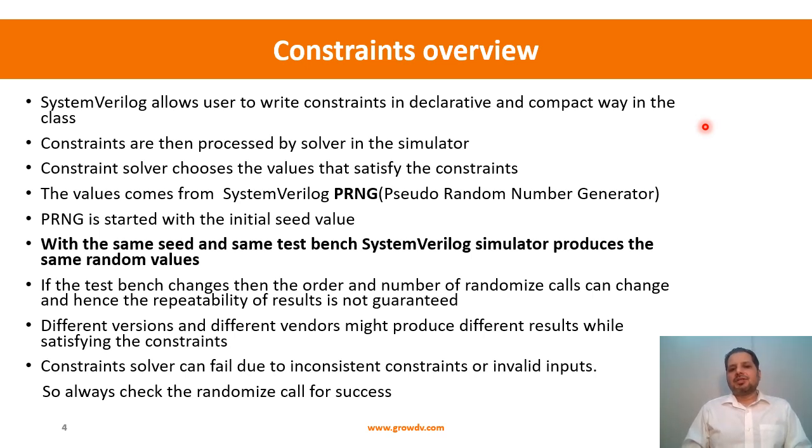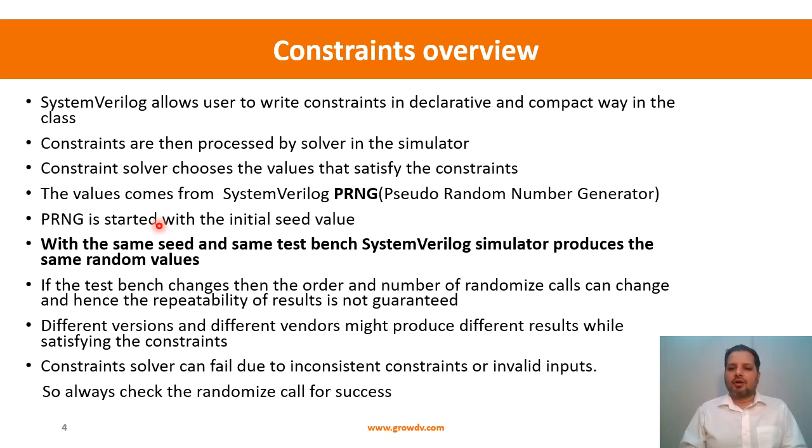And these values that it generates come from something called the SystemVerilog PRNG, and that stands for pseudo-random number generator. And as we talked about in the previous slide, this PRNG is pseudo-random because there's no real pure random number generation.